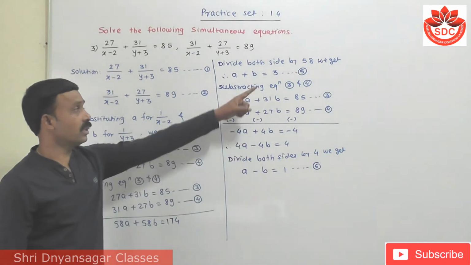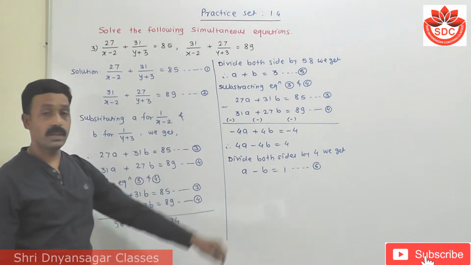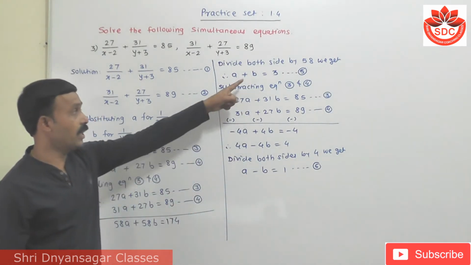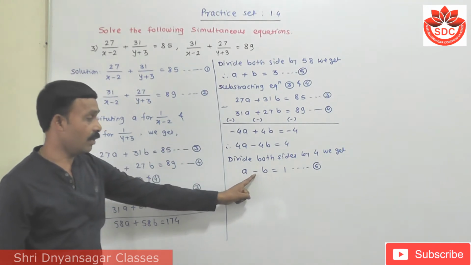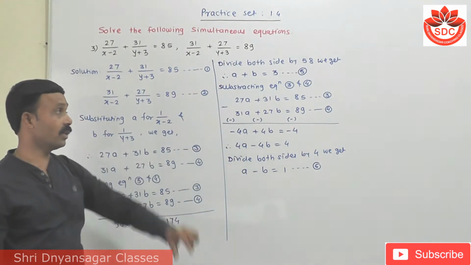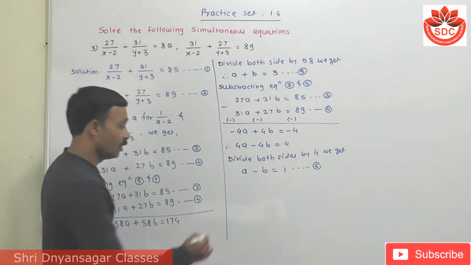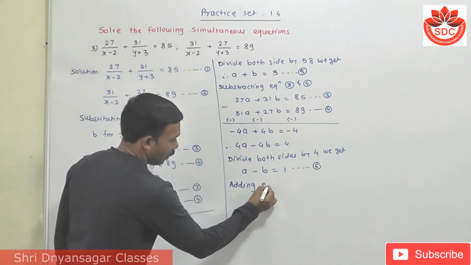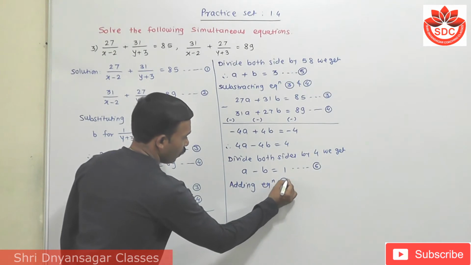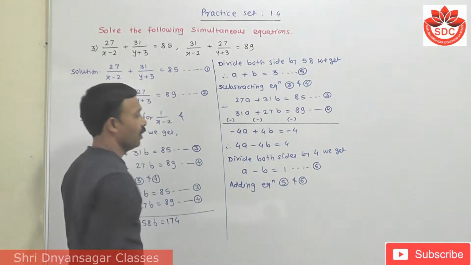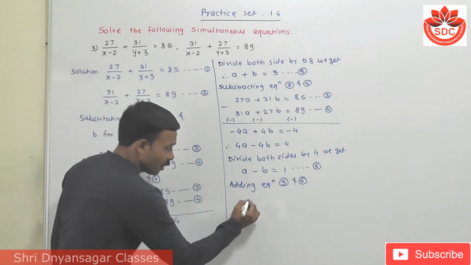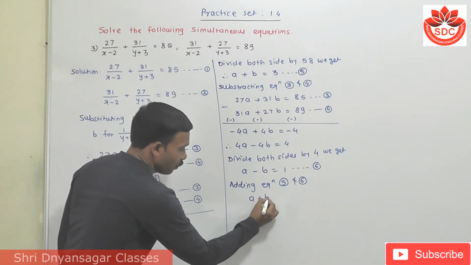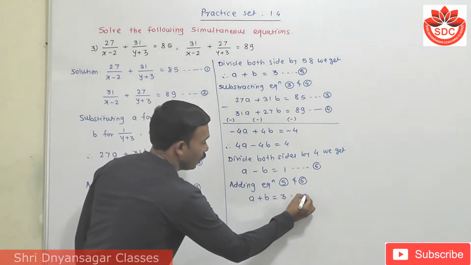Now observe equation number 5 and equation number 6. Here b has a plus sign and there b has a minus sign. If we add these two equations, then b gets cancelled. So I write here, adding equations 5 and 6. Equation 5 is a plus b is equal to 3.